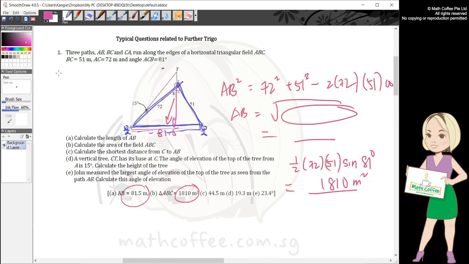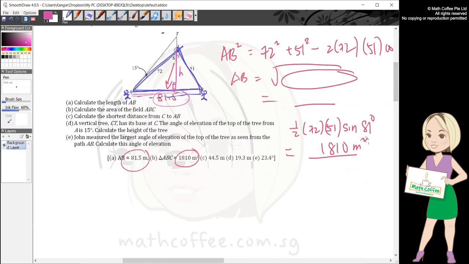So based on this, you will know that you will have to use area of triangle. Triangle has half times base times height. And we already have the base, which is 81.5. So I shall label this as height. Because I also have the area of the triangle, I can use half AB sine C to find the area of the triangle. I also can use half times base times height, right?